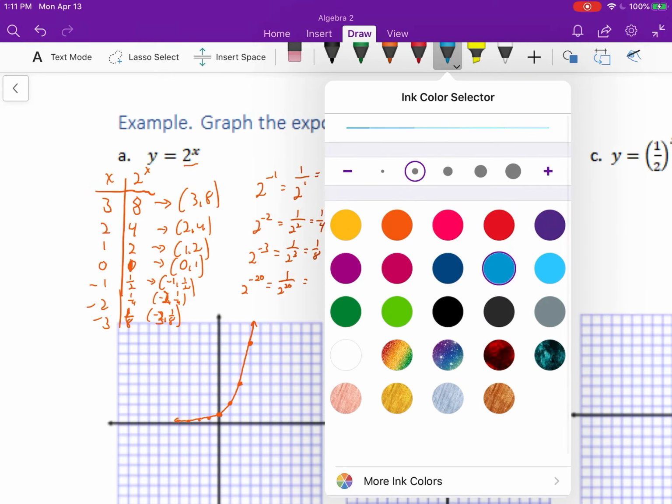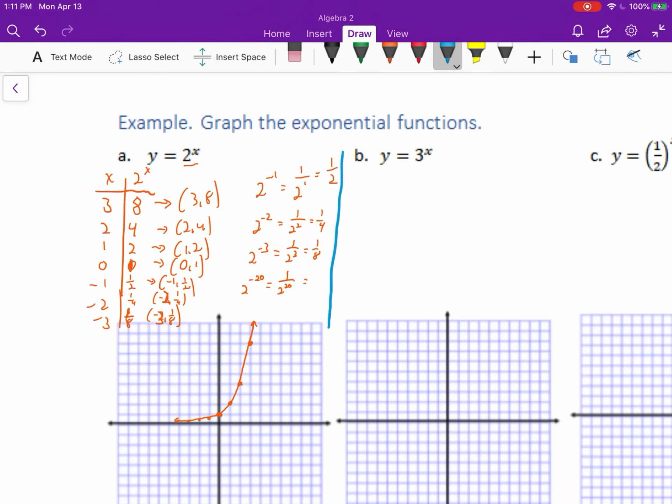Let's come over here and graph y equals 3 to the x. So we'll have x and y, where y is 3 to the x. We'll do the same thing, 3, 2, 1, 0. So we have 3 cubed, which is 27.